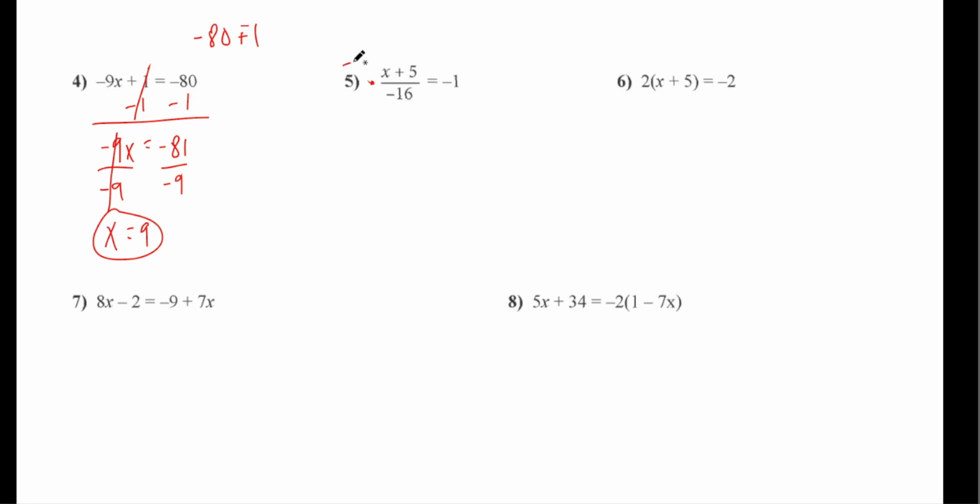So you multiply by negative 16 here, come over here, multiply by negative 16. This cancels. What am I left with? The negative 16's cancel. X plus 5 equals what? Negative? Come on, let's think. Negative times negative is positive. Subtract 5 from both sides. X is about 11.